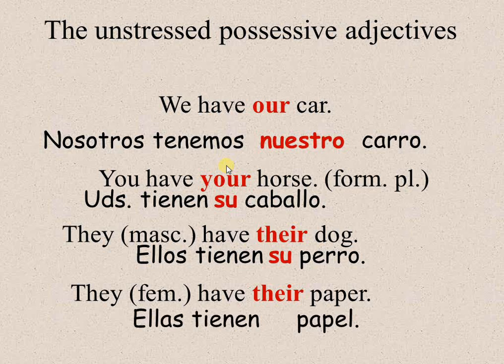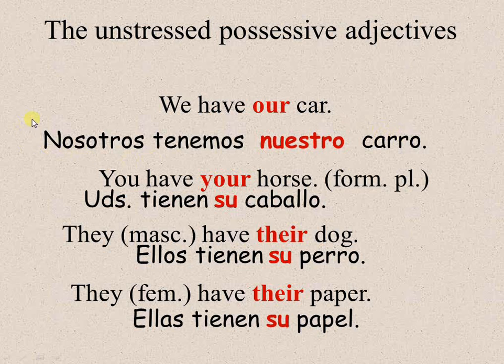I want to call your attention to what we just mentioned before. It's not because I'm using the plural form, like a bunch of people have one car, that I'm going to put nuestros in the plural form here. No, no, no, no. It's not who has it. It's what you have. You're going to agree with whatever you have.